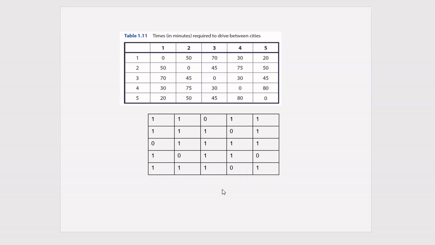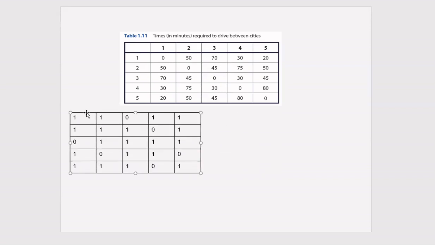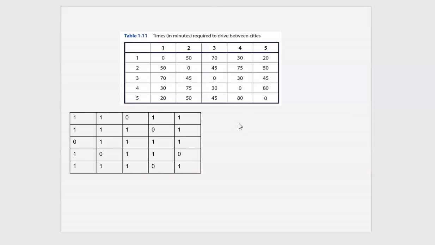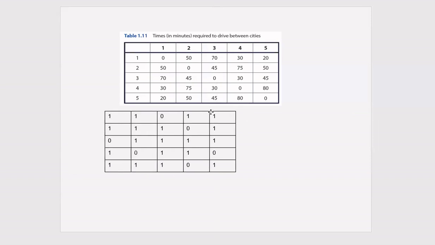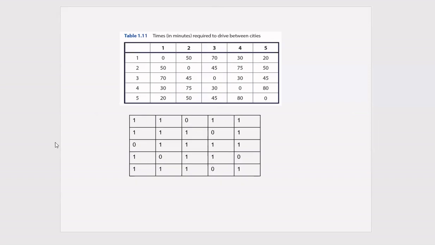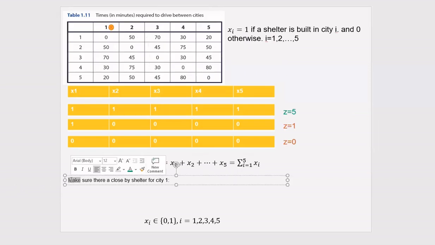All right. And then we had another matrix that would say, if I multiply this by the vector of variables, which are all 0, 1, what would I get?